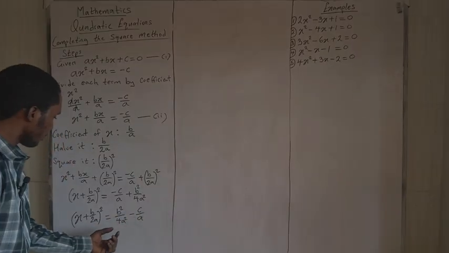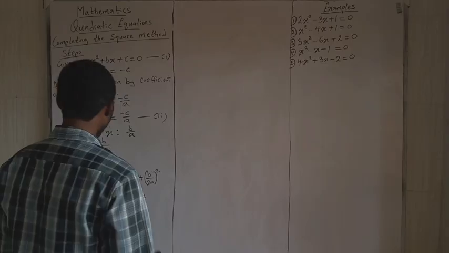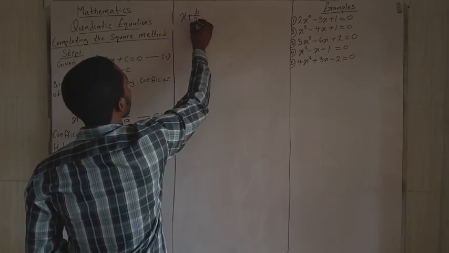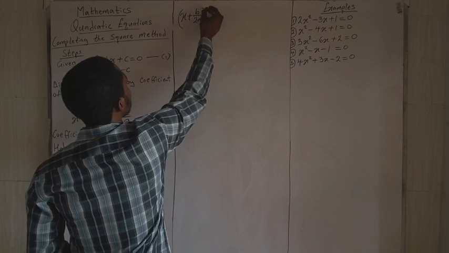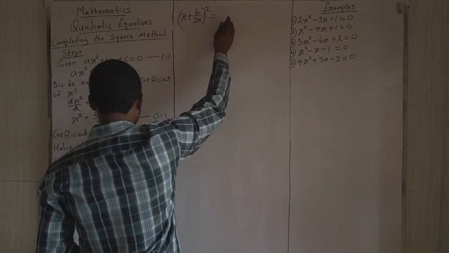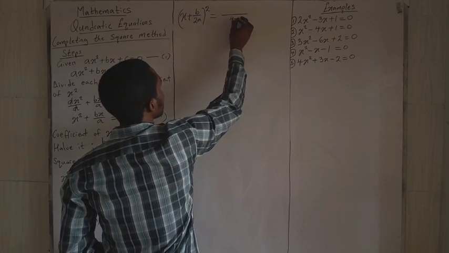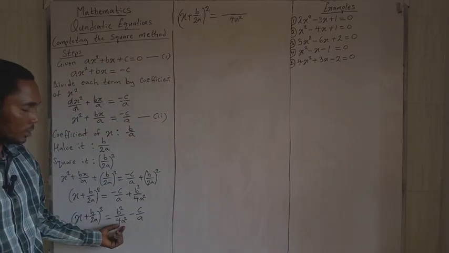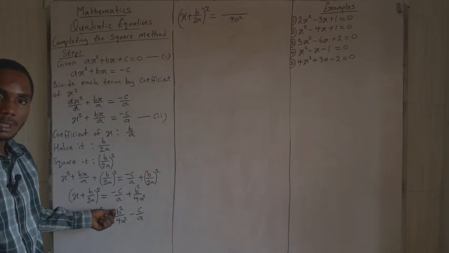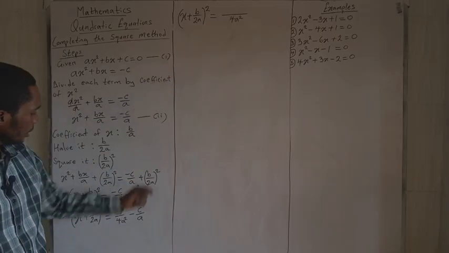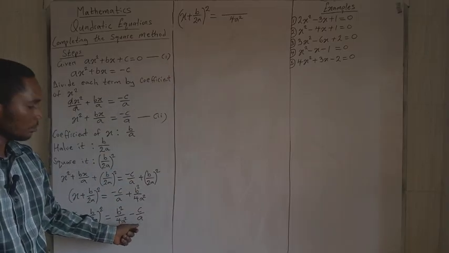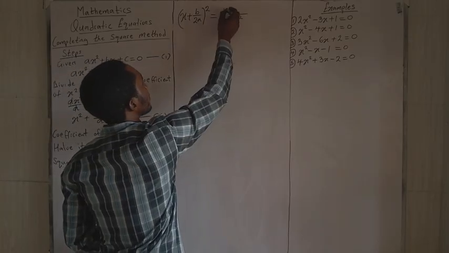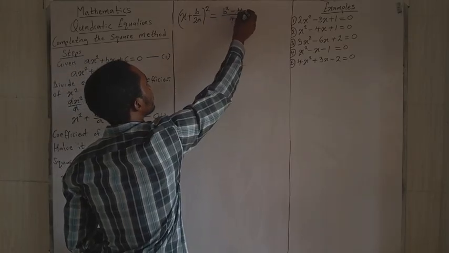Let's take the LCM of these fractions. 4a squared divided by 4a squared is 1, multiplied by b squared, that is b squared. 4a squared divided by a is 4a, multiplied by c, 4ac. So we have this to be b squared minus 4ac.